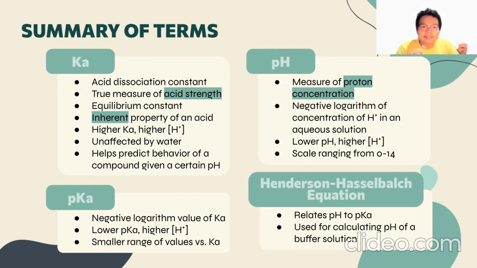So once you add water, it increases the volume of the solution, which therefore decreases the concentration of H+, which will alter the value of the pH, which is why we prefer using Ka and pKa for measuring the strength of an acid. In order to relate the pH to pKa, we use the Henderson-Hasselbalch equation, and it is used for calculating the pH of a buffer solution.